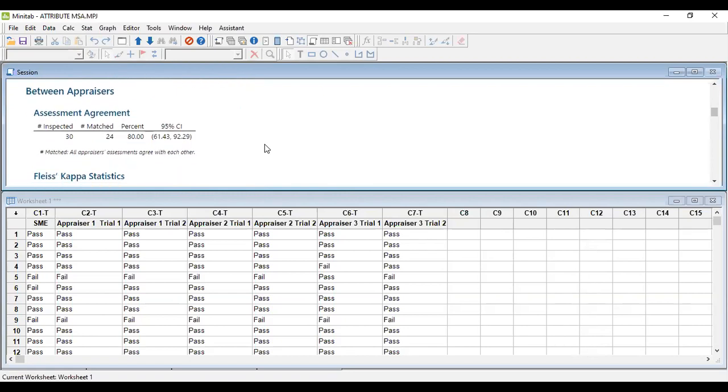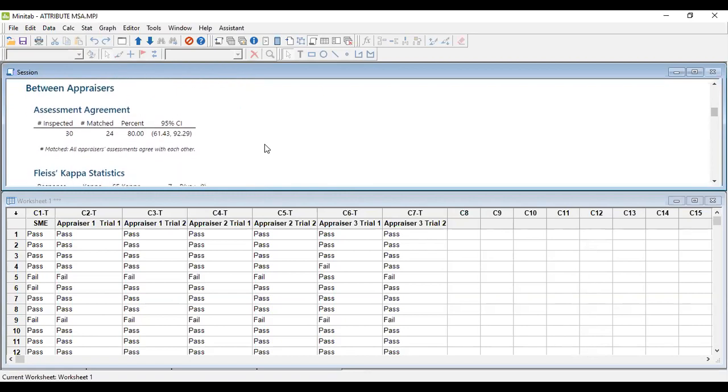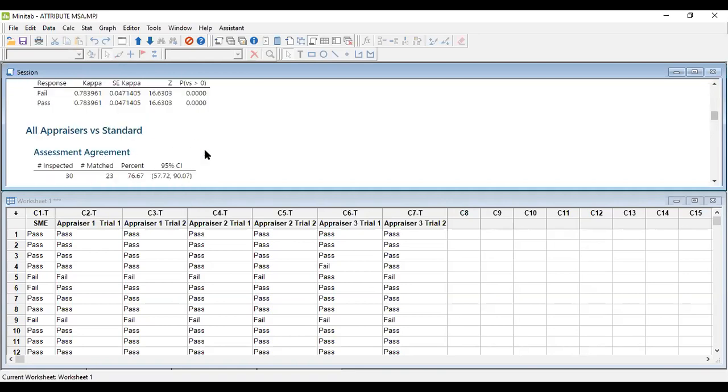Now between appraisers, which is nothing but your reproducibility, which is only 80%, right? And the minimum criteria to pass reproducibility is 90%. That's what we usually set in doing a project in a service industry kind of an area.